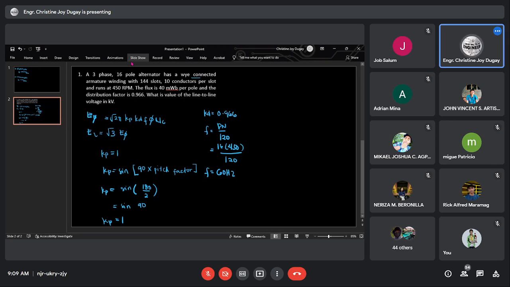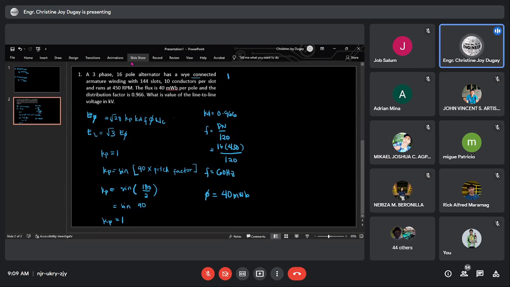60 hertz. Next, flux. Do we have a value for flux? Yes, that is 40 mWb, or milliweber. It is in Weber. If it is in lines, to convert it to Weber you multiply by 10 raised to negative 8.